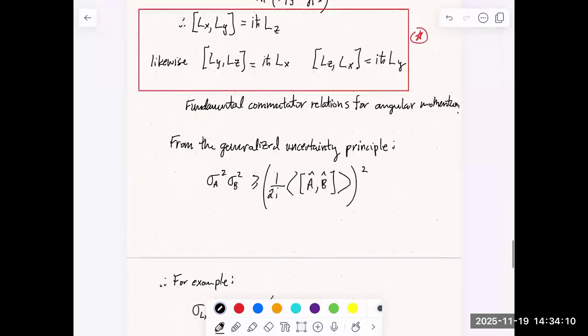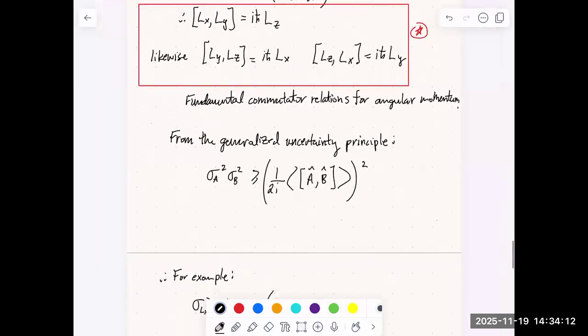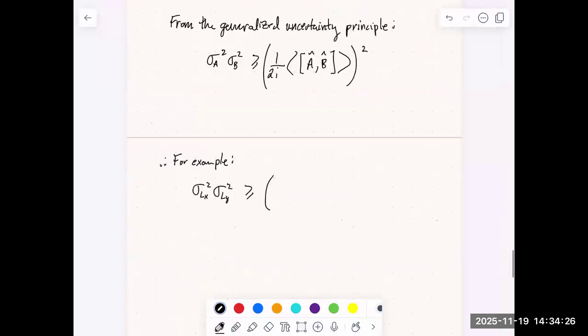It's 1 over 2i times iħ Lz, the commutator. So the i cancels, I get an ħ over 2, and then I have the expectation value of Lz. Okay, so it's ħ over 2, expectation value of Lz squared.